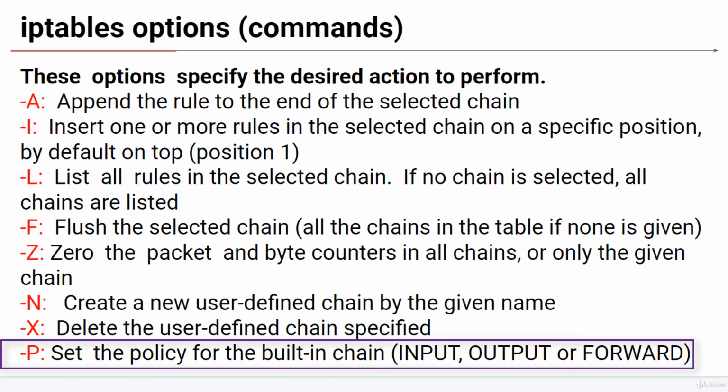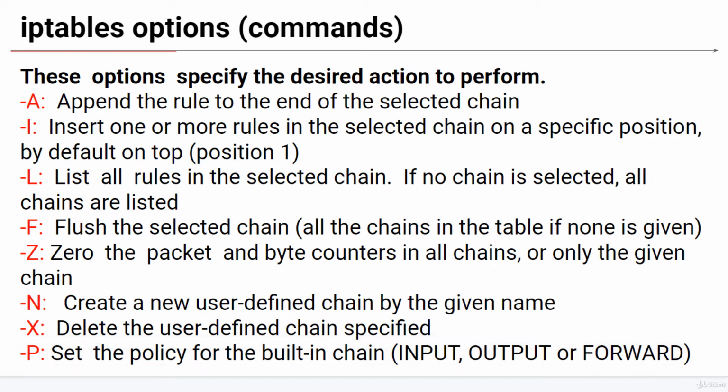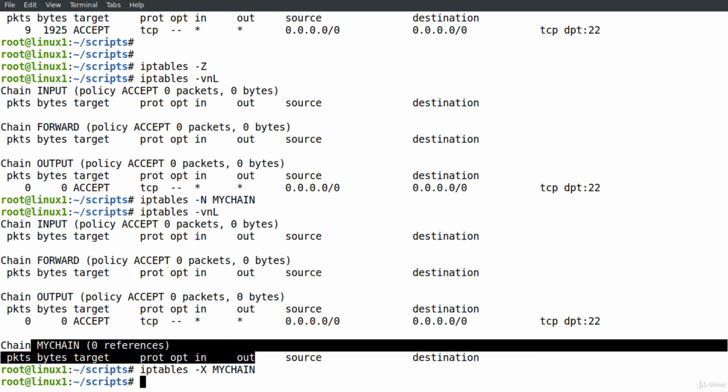And finally, -P sets the default policy for the built-in chains: input, output, and forward. The default policy specifies what happens to packets that are not matched by any rule and can be either accept or drop. The default policy is set to accept. We can change the default policy using iptables -P, the name of the chain, and then accept or drop.